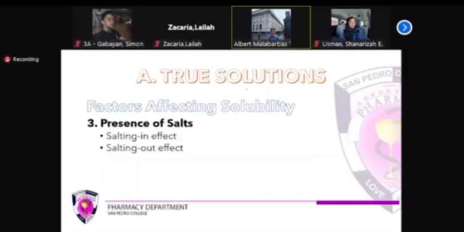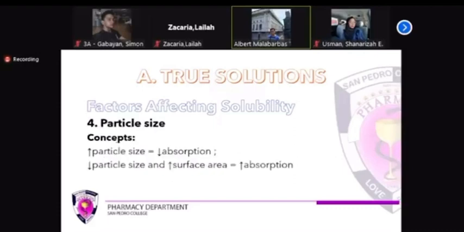That's pH. Next, presence of salts. We have the so-called salting in and salting out effect, but I will not elaborate anymore. And the last one for factors affecting solubility, we have particle size.